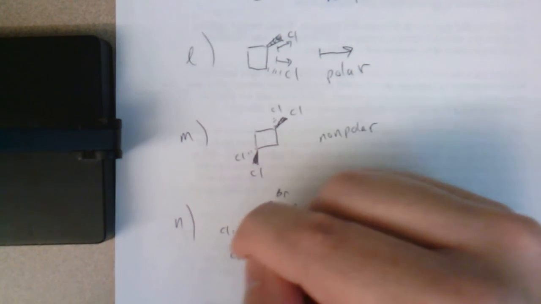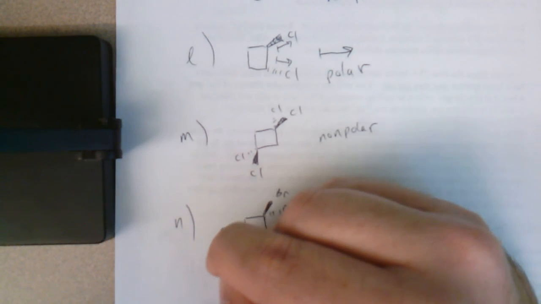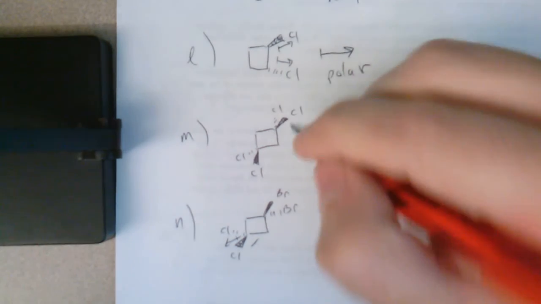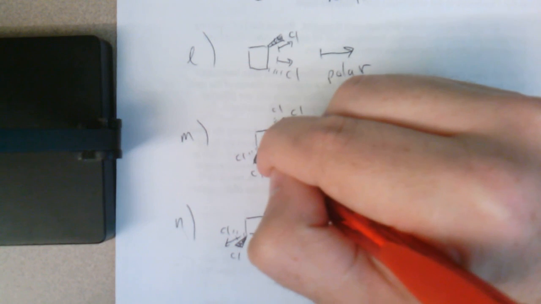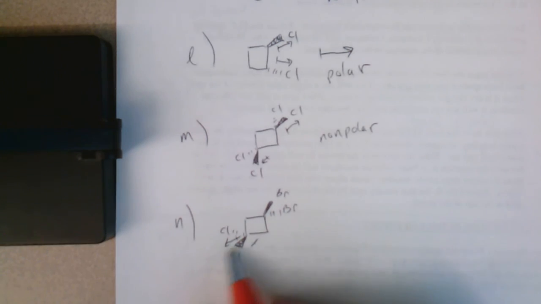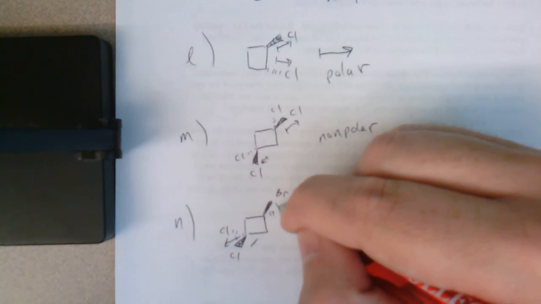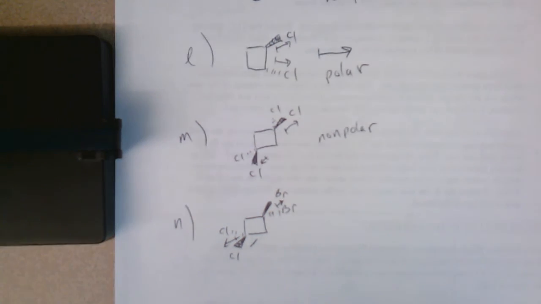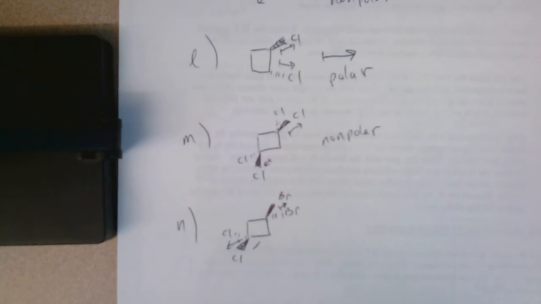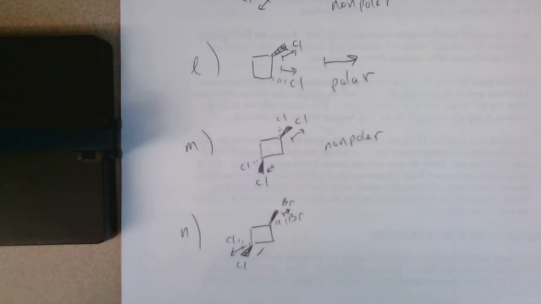We're pointing in the middle of these two is where our dipole is pointing here. I guess I should have drawn my dipoles over here too and shown how they cancel. We're pointing in the middle of these chlorines, so we have a bond polarity going that way over there. Over here, we have a weaker bond polarity going towards the bromines.